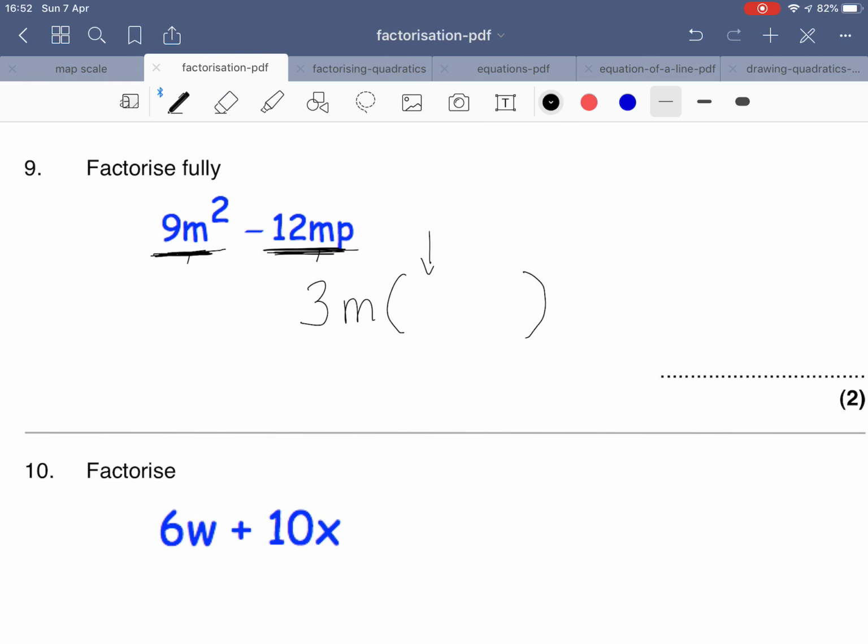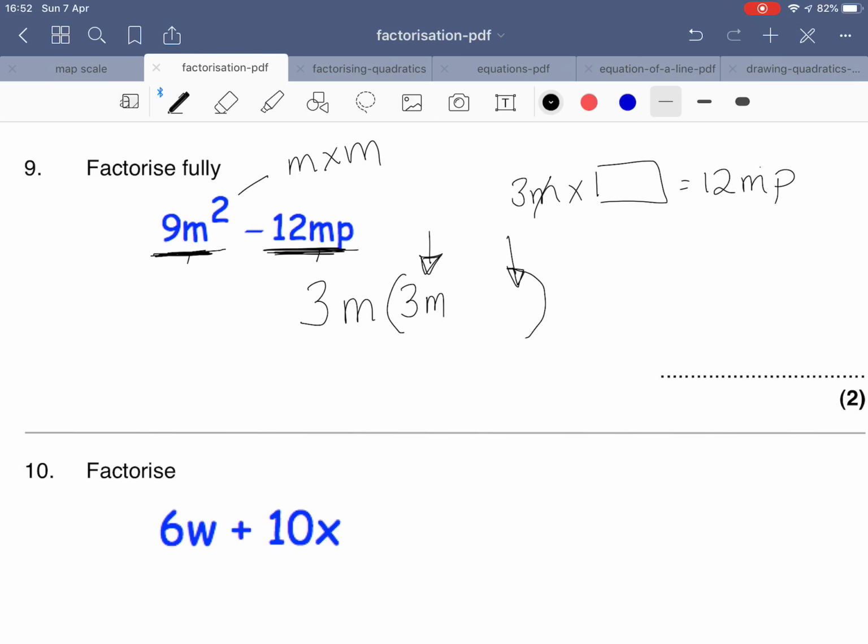So to get this first bit, 3m times what is 9m squared? Well, I need 3 times 3 to get my 9, and I need another m to get m squared, because remember, m squared means m times m. So this space here is going to be 3m times something is 12mp.